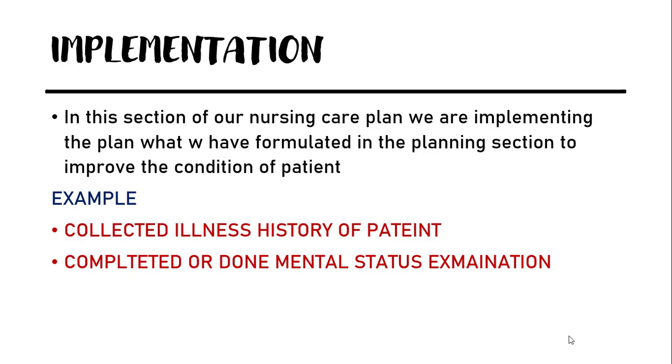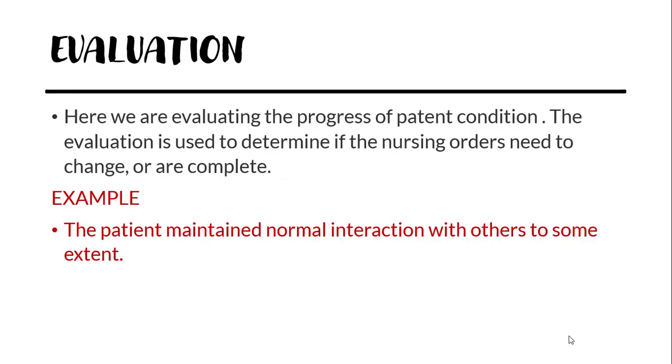Then in the planning column, you wrote do mental status examination. So in the implementation column, you have to write completed or done mental status examination. So in the implementation column, we are implementing the plan we have formulated in the planning section to improve the condition of the patient.